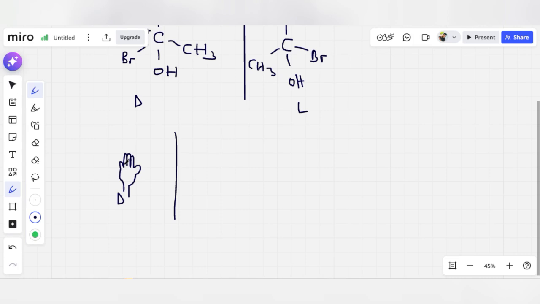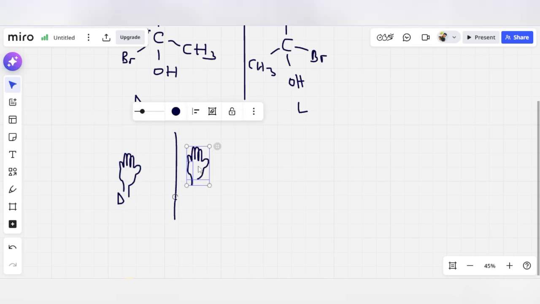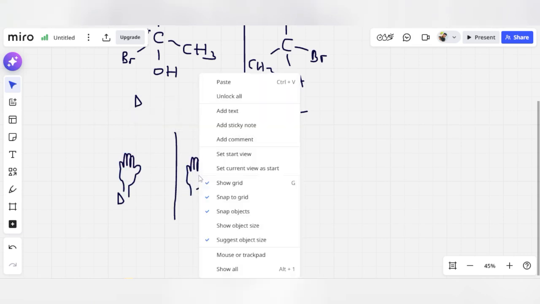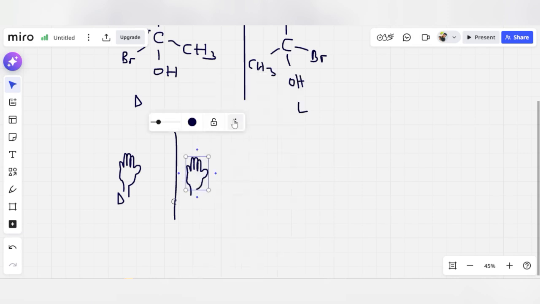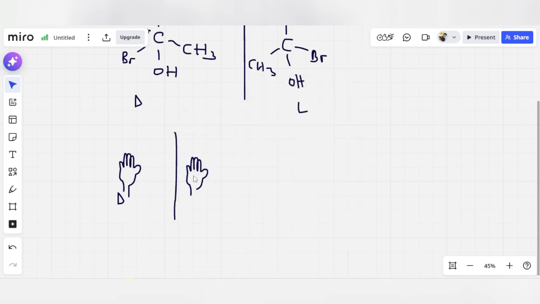Let me see. Can I really rotate it? Okay, no worries.